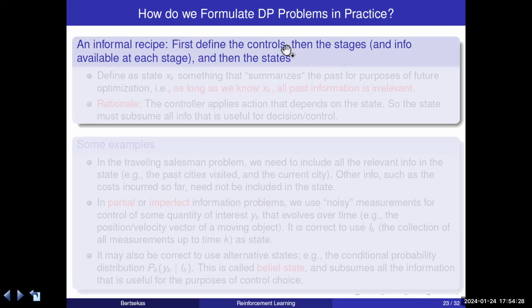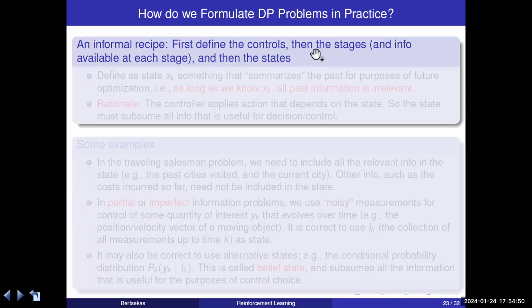Given a practical problem that you want to address through dynamic programming and reinforcement learning, you first define the controls. You first define the actions. These are easy to figure out. If you have a scheduling problem, the controls are the scheduling decisions, right?